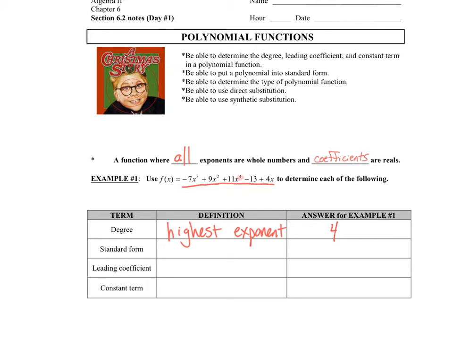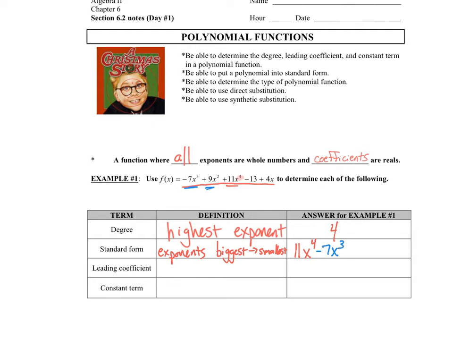Standard form is when you put exponents biggest to smallest. So they go in order from biggest to smallest. So the biggest exponent is positive 11x to the fourth. The next biggest exponent is negative 7x to the third, so minus 7x to the third.